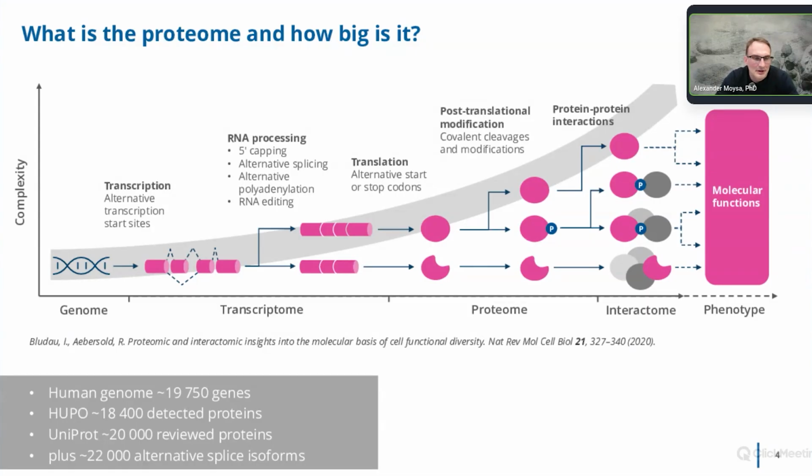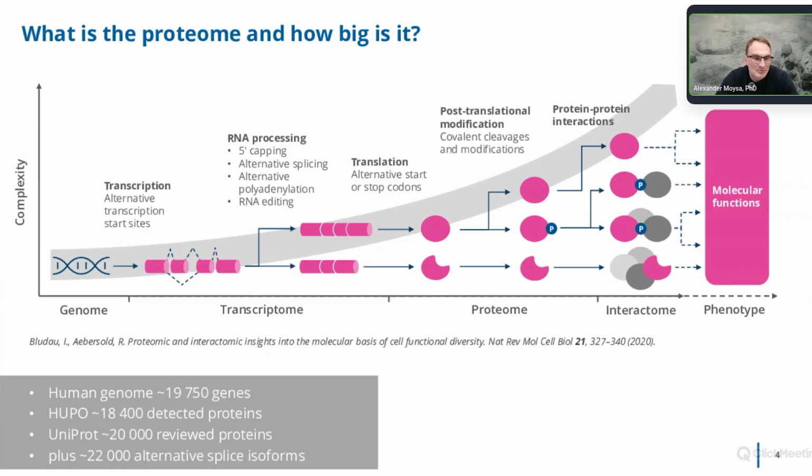However, first, what is a proteome? The proteome refers to the complex set of proteins expressed in a cell, tissue, or whole organism. Unlike the genome, which is relatively constant, the proteome is dynamic. It changes in response to environmental conditions and cellular processes.